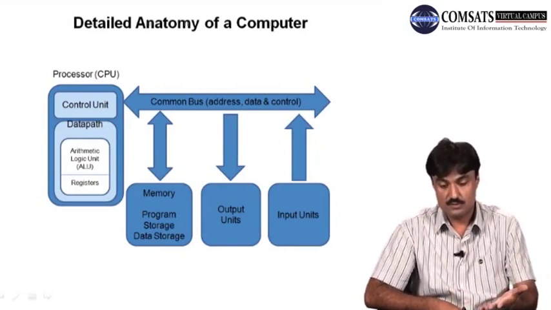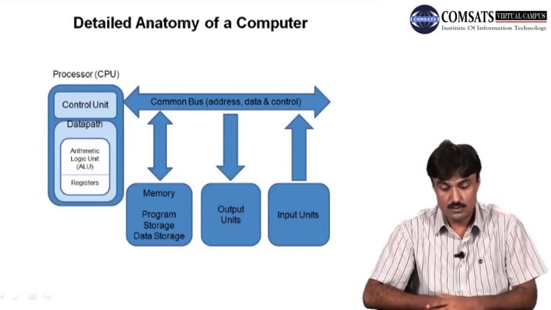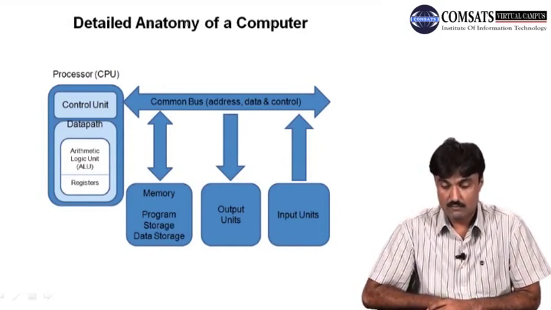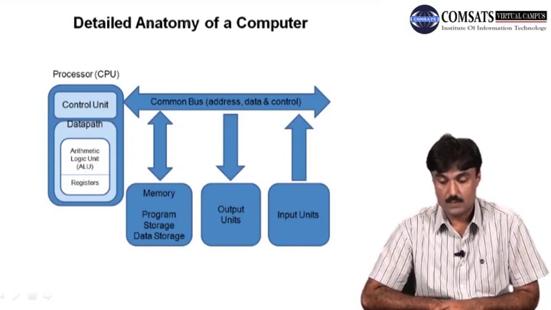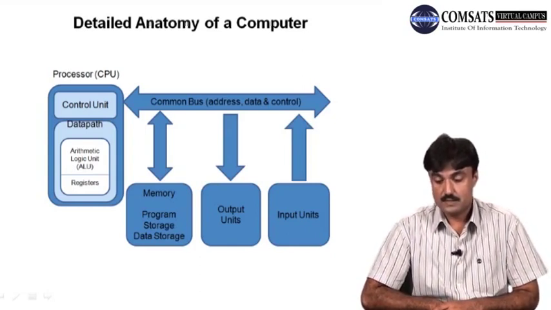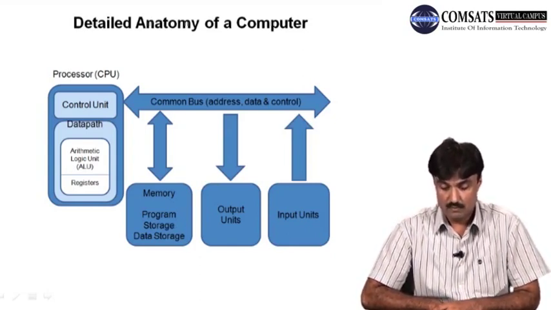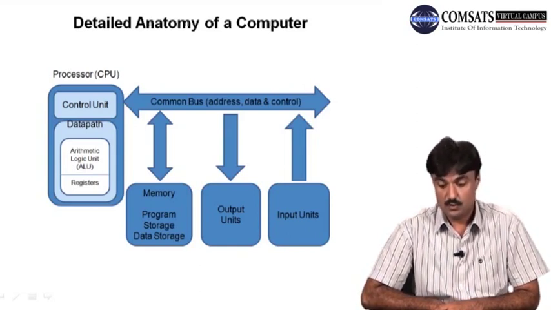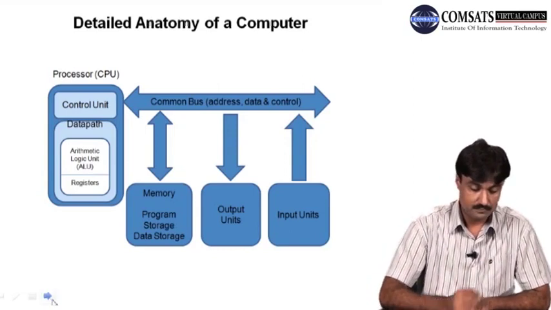So we have the central processing unit, CPU, with a control unit, data path, and a common bus. This common bus includes address, data, and control, and we have memory, program storage, data storage, input output devices, and so on.